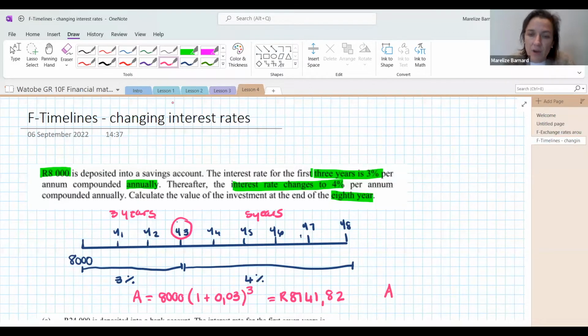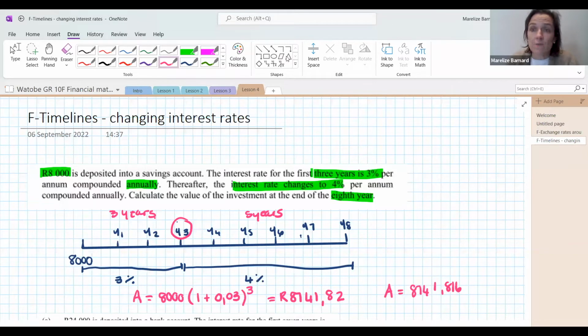Okay, so then we go again and we say our principal amount now is not just the 8,000, because after 3 years we have 8,741 Rand, comma 816, which is, by the way, what you must put as your principal. Just use your calculator's answer button to work that out, or you can write it down, comma 816.